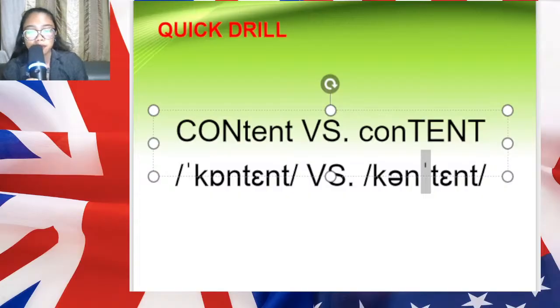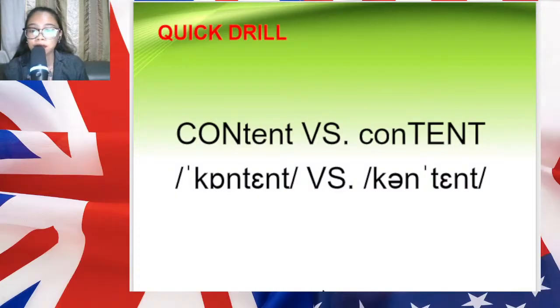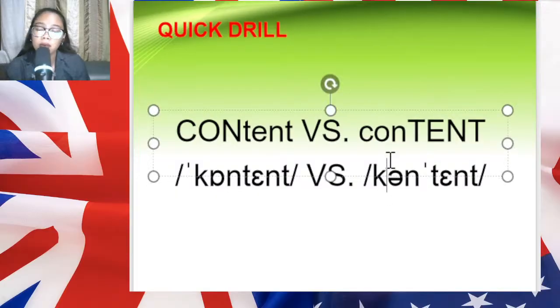So, of course, there's a clear difference between the two versions. Although there are times in English communication that some words have subtle differences when it comes to stressing some syllables, that subtle difference is still important. Let's try to say it once again. Content, content.